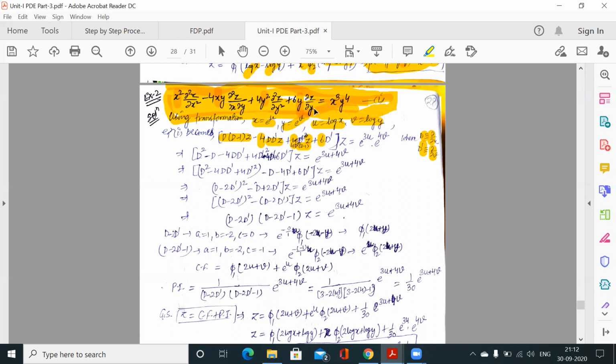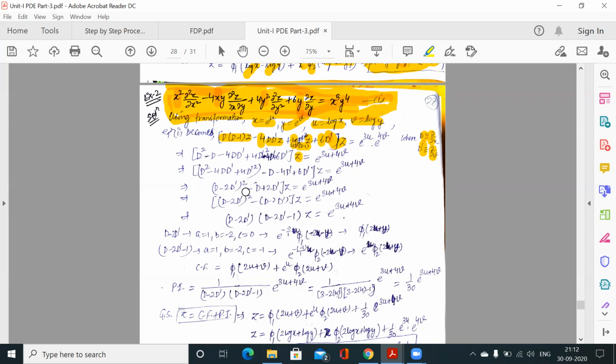This is y del z over del y, that means D dash, and z is common. So this should be inside the bracket, because z is in all of these terms: 6 D dash z. Now I have taken z common, because all terms contain z.